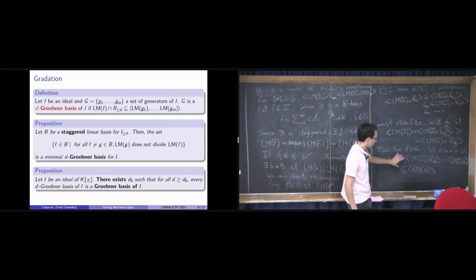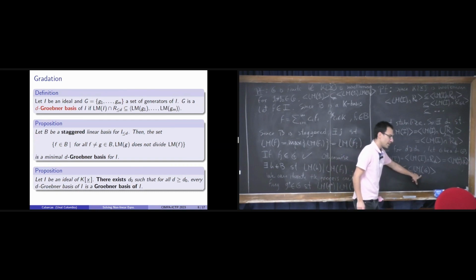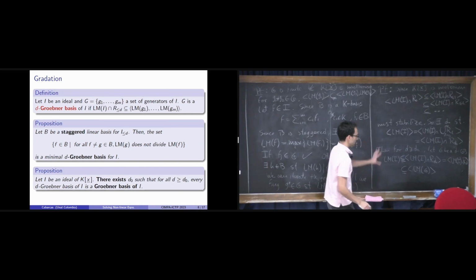The leading monomials of I are all contained in the leading monomials of G. That's all we need.